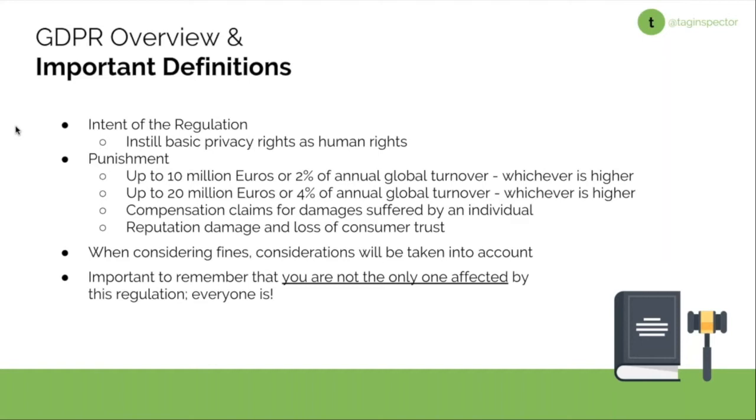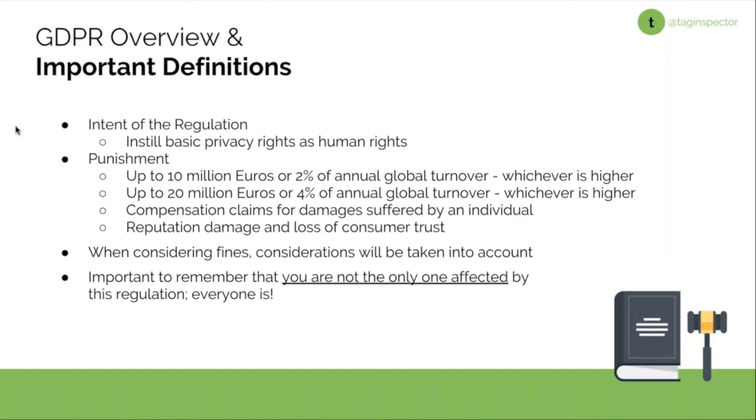Punishments are really big, and this is what got a lot of publicity: up to 10 million euros or 2% of annual global turnover, whichever is higher, when it pertains to violations or improper collection of personal data, and then up to 20 million euros or 4% of annual global turnover for egregious violations, or once an issue is raised, not doing anything to address it.